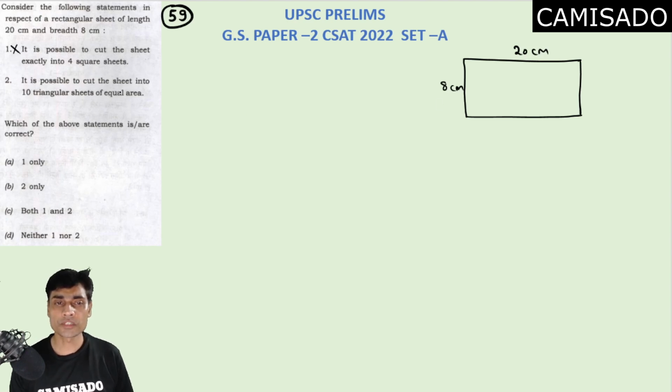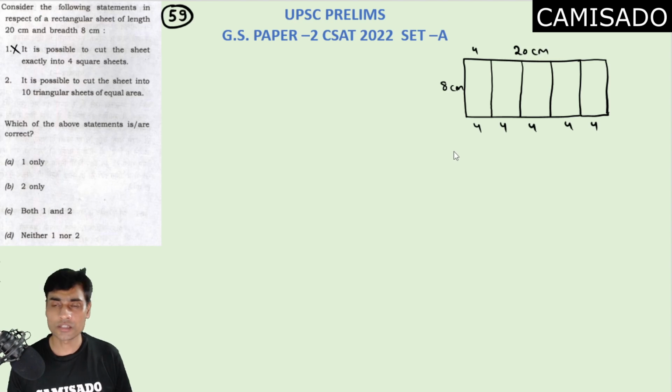Is it possible to cut the sheet into 10 rectangular sheets of equal area? Now if we cut this 20 centimeter length into 5 equal parts of 4 centimeter each. I am extending it somehow to make a symmetry basically. So each part is of 4. So we have formed 5 rectangles of 4 by 8.